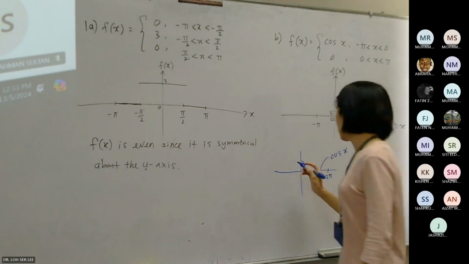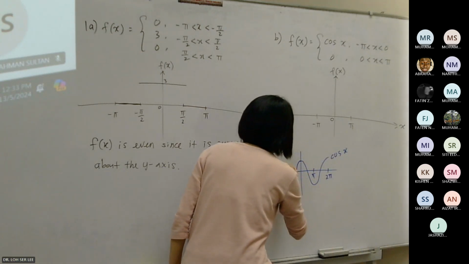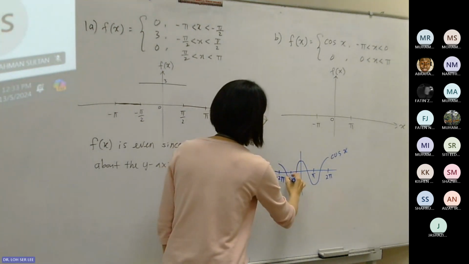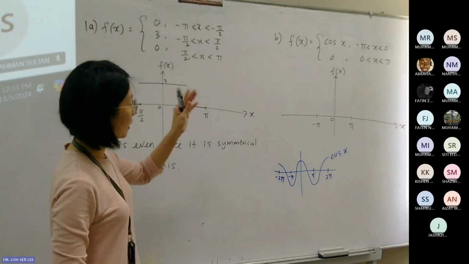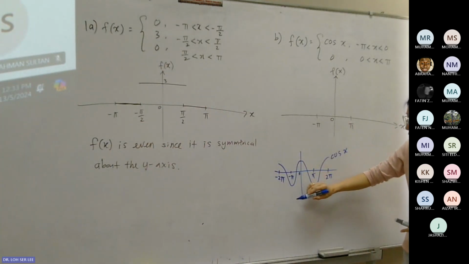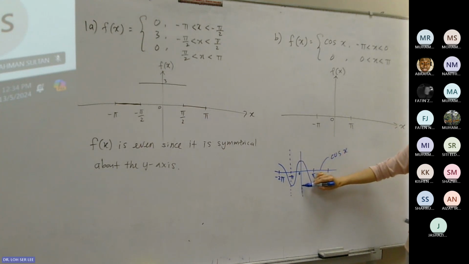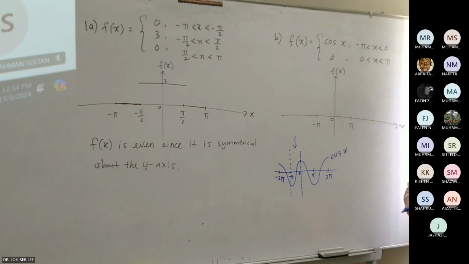So this is -2 times. Okay, we just want the part from -pi up to 0. So -pi to 0 is here, meaning that we just want to take this.